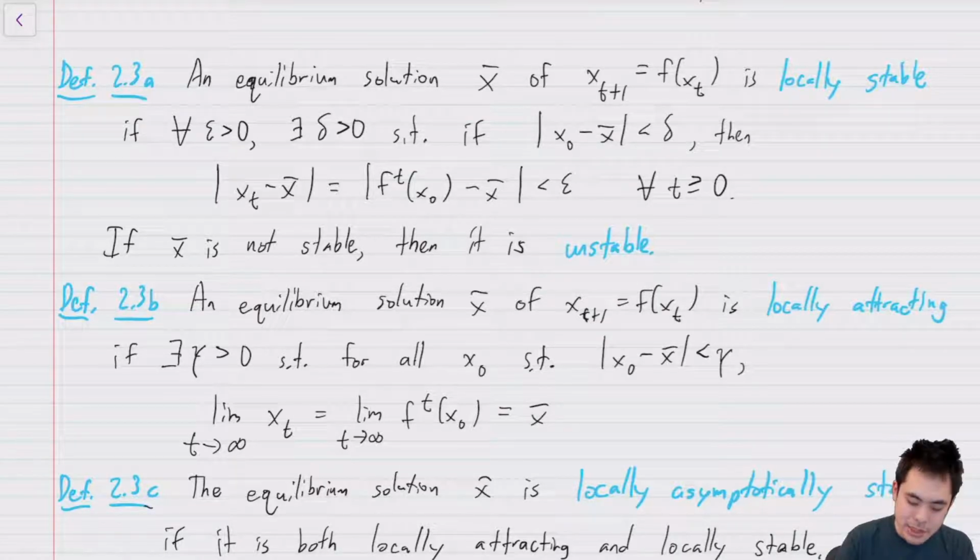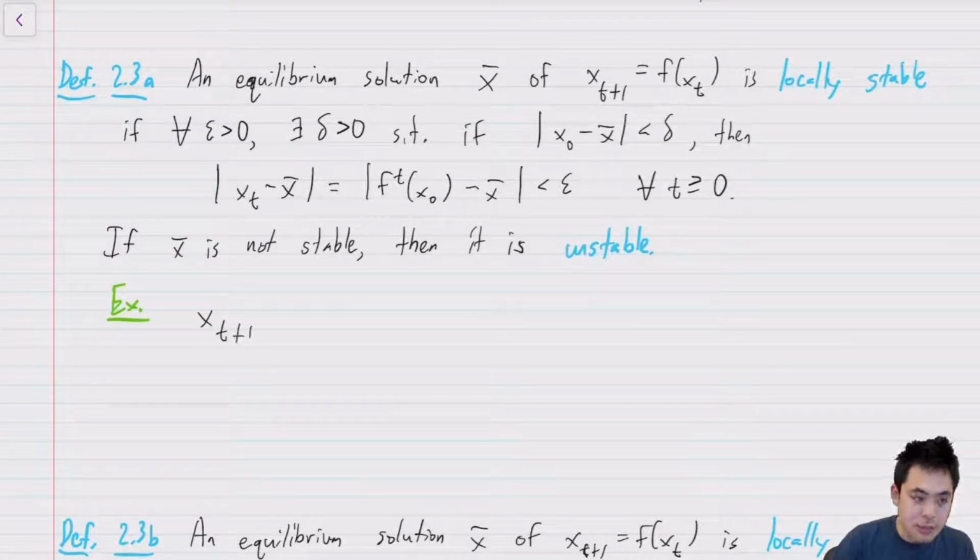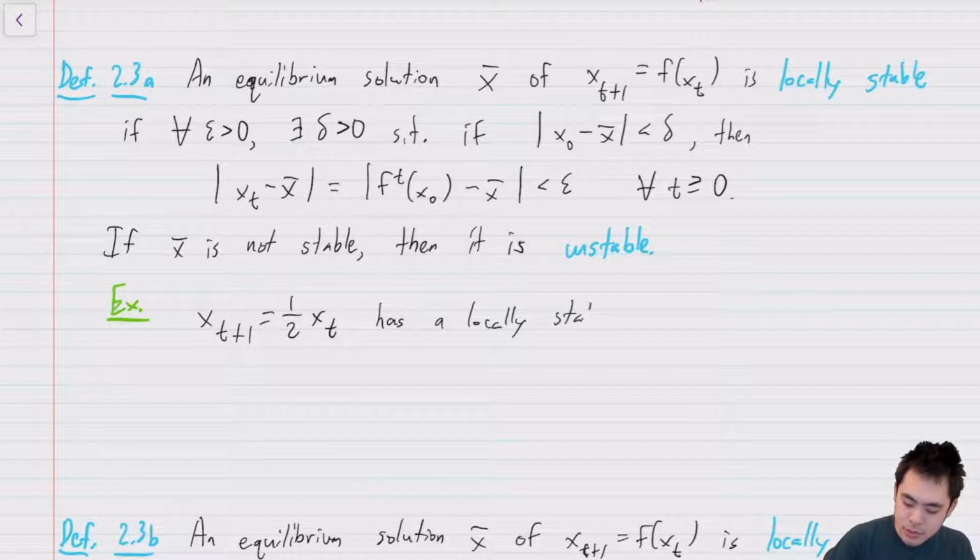So let's give a couple of examples of things that are unstable versus stable. I'm just going to use pretty simple ones here. One easy example is x sub t plus 1 is equal to 1/2 x sub t. Now this has a locally stable equilibrium solution of x bar equals 0.